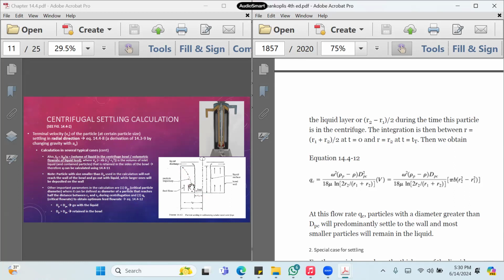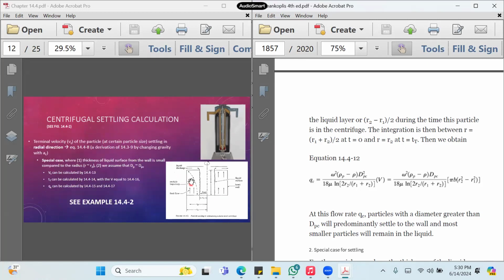It will be retained in the liquid, so it will go out with the liquid. dP lower than dPc means the particle will go out with the liquid, while dP higher than dPc will be retained in the bowl as a solid cake.